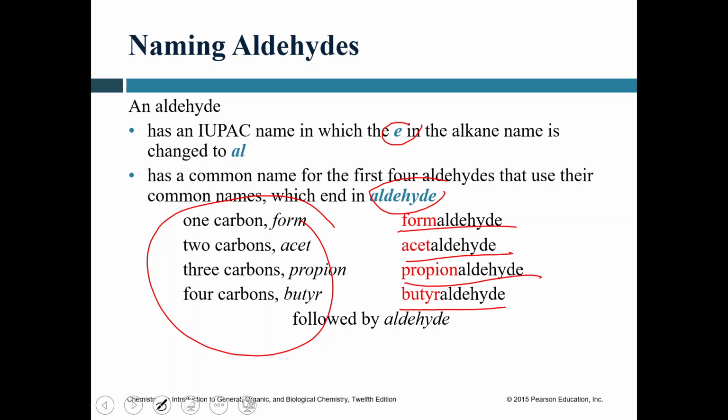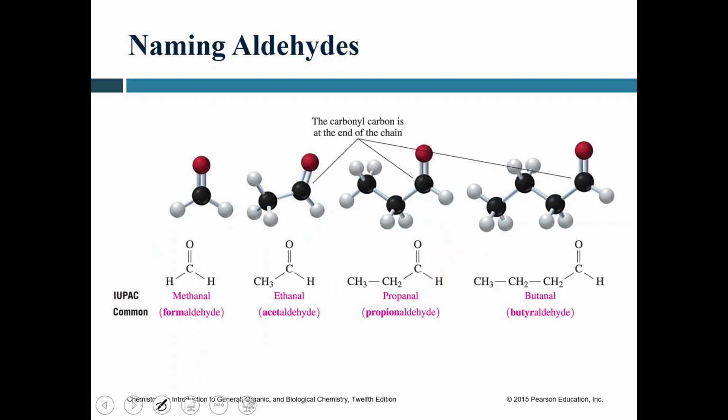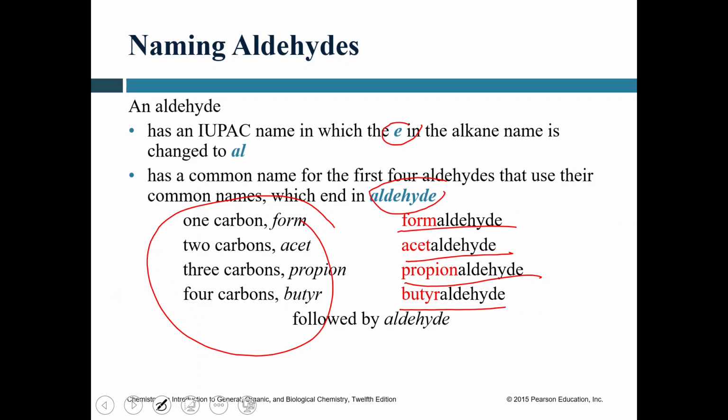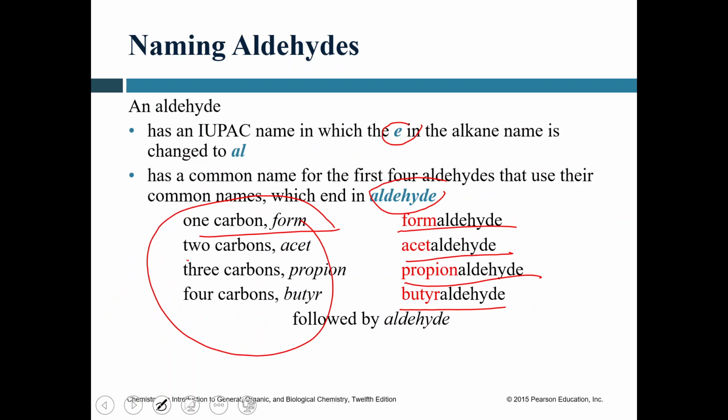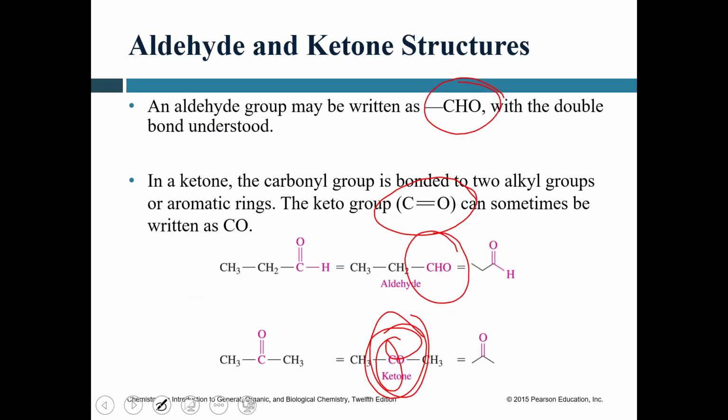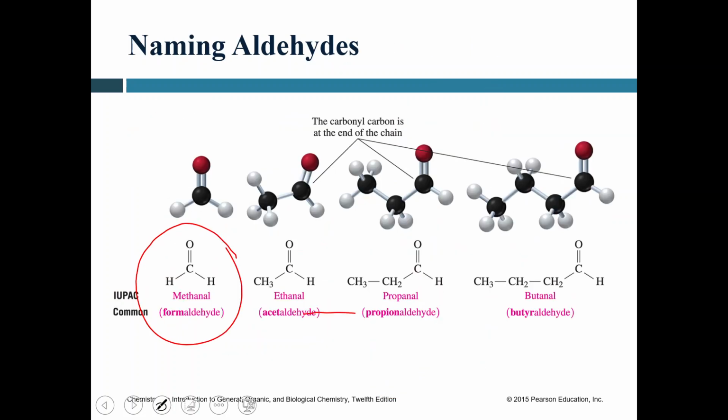Those are common names. Those are not IUPAC names. So in IUPAC names, formaldehyde with one carbon will be methanal. Acetaldehyde will be ethanal. Propionaldehyde will be propanal, and butyraldehyde will be butanal.